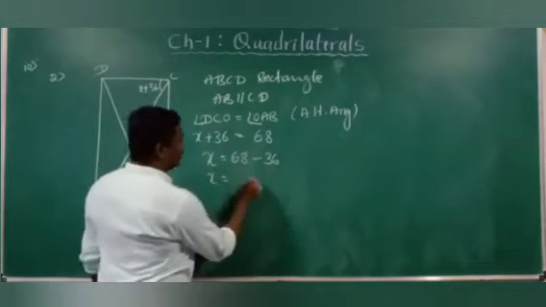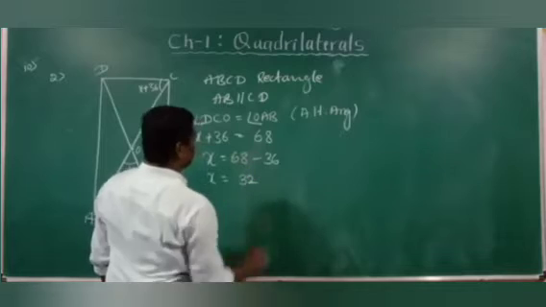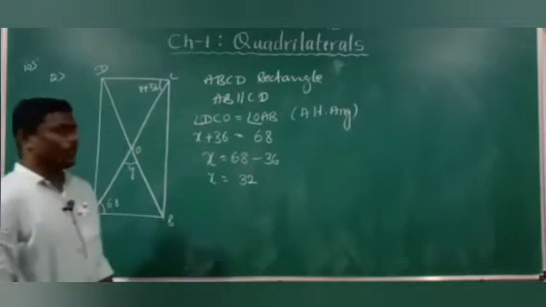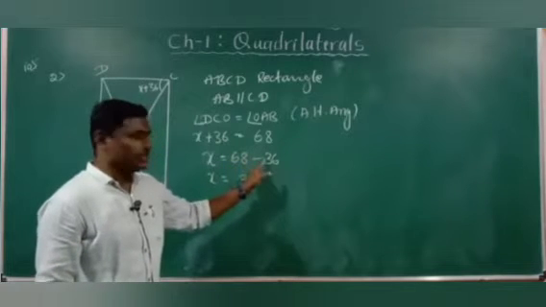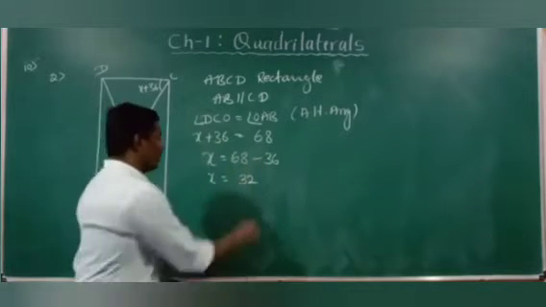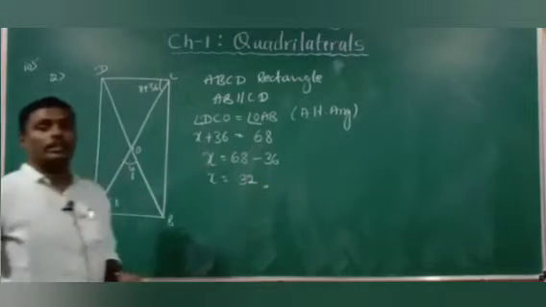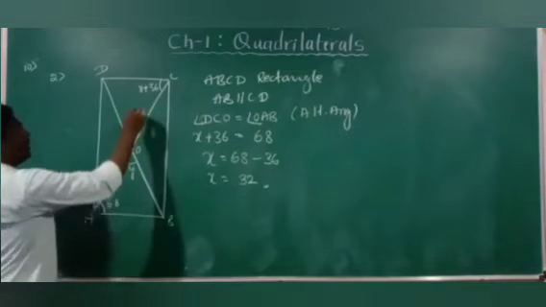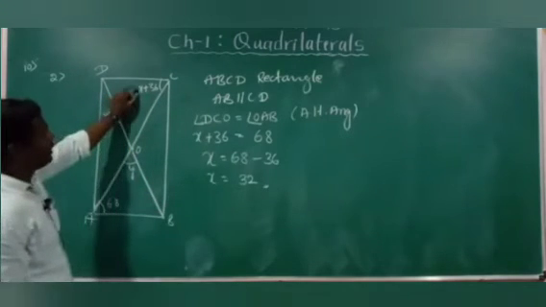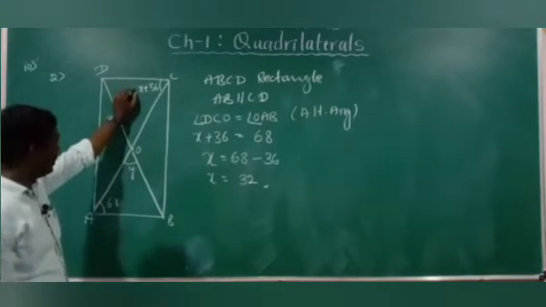That is equal to 32, right? 8 minus 6 is 2, 6 minus 3 is 3. So the X value is 32. We are calculating the X value here. So the X value is 32, right?